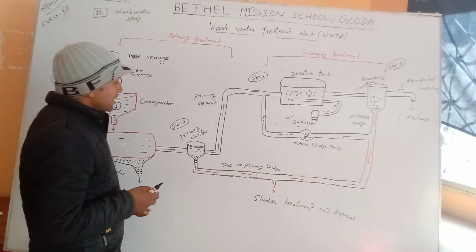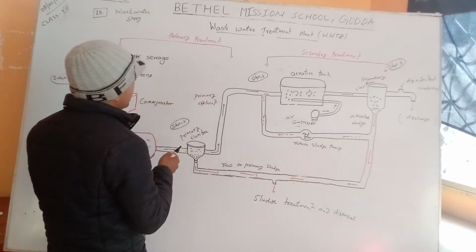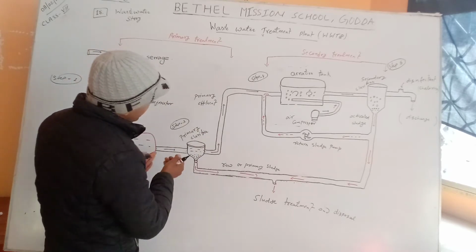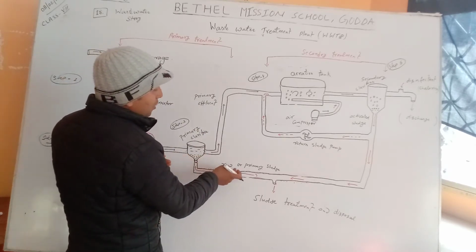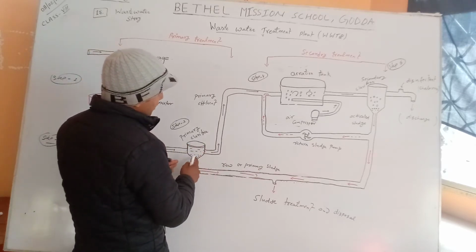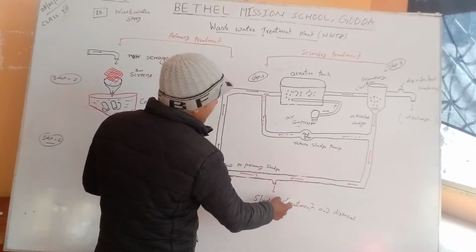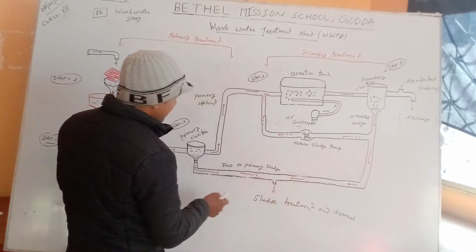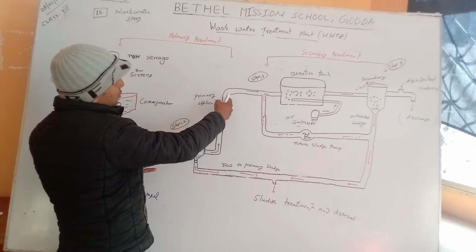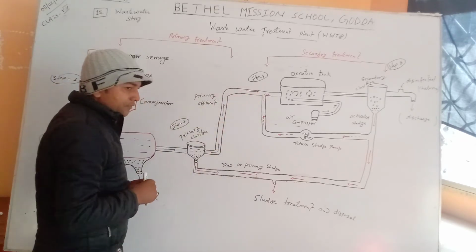In third, the primary clarifier is used, and here the raw primary sludge settles down, and passes through sludge treatment and disposal, and the water goes from the third to step 4.